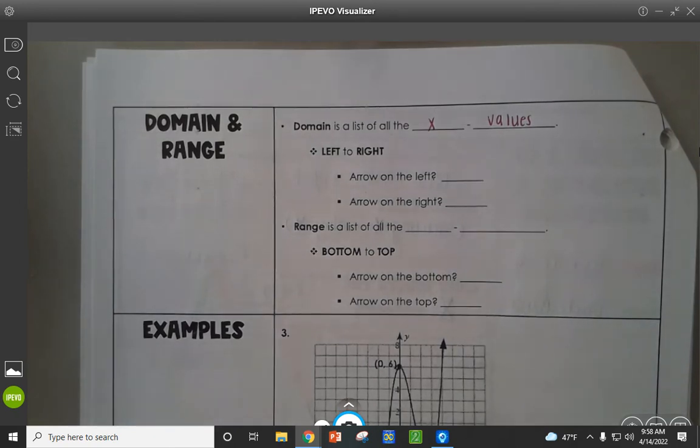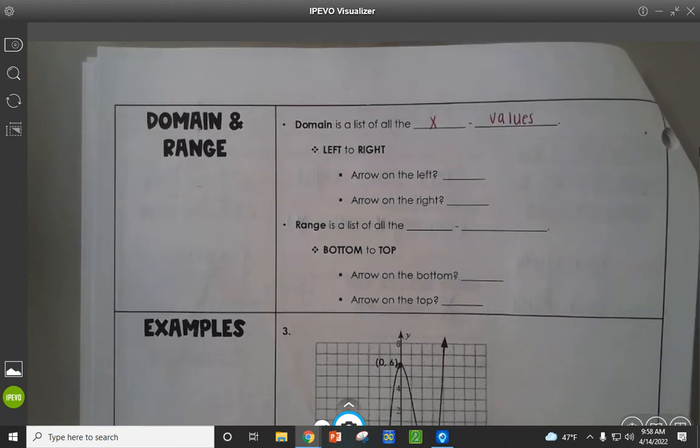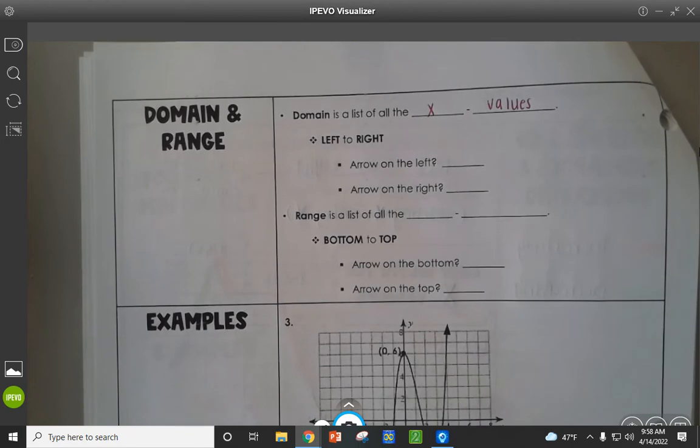So when there's a continual line, there's no possible way to list every x value, because not only do you have the whole numbers, but you have everything in between. So like 1.1, 1.01, 1.001, and so on. You could never list them all out. So we use intervals like we did with increasing and decreasing.